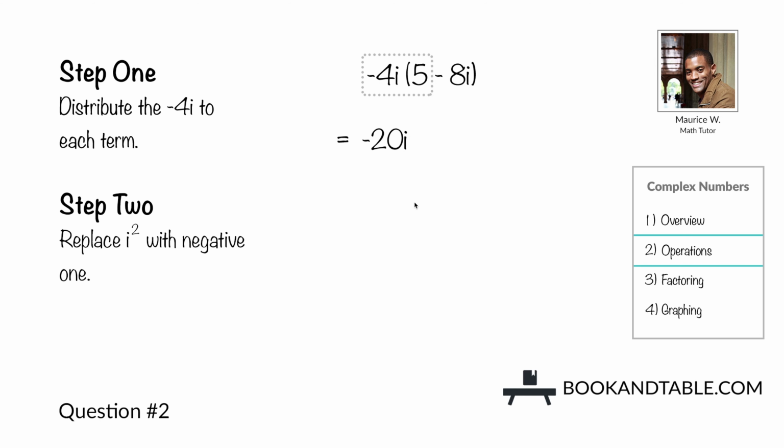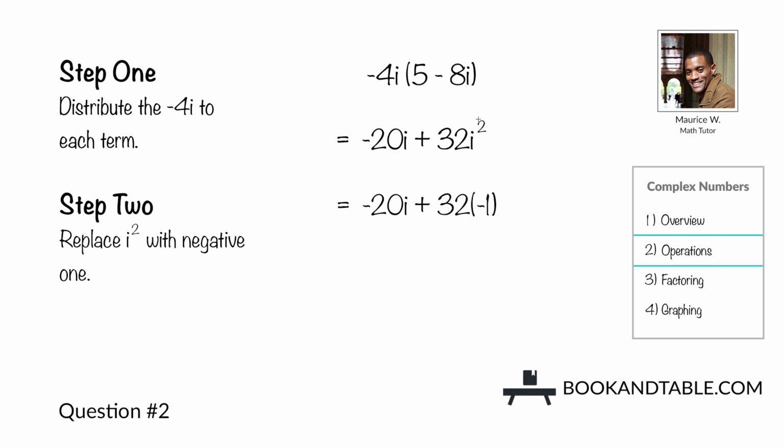Question number 2, we're asked to find the product of -4i times 5 minus 8i. Step 1, distribute the -4i to each term. -4i times 5 is -20i. -4i times -8i is positive 32i squared.